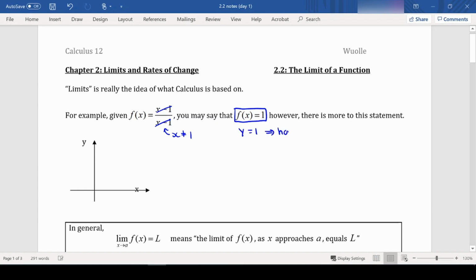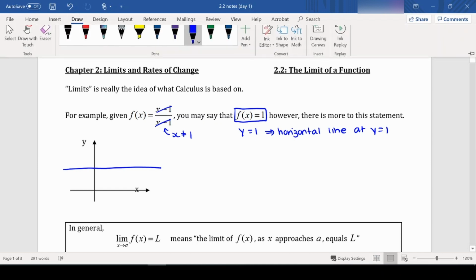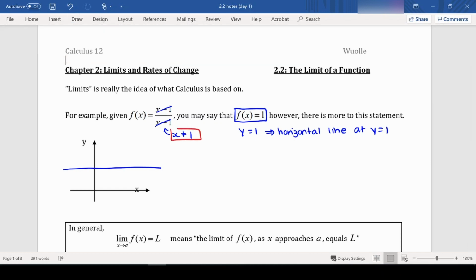So the function f of x equals 1, if I think of this as y equals 1, this is a horizontal line at y equals 1. So if I actually draw myself a horizontal line at y equals 1, the problem with this is that we also know that x cannot equal 1.